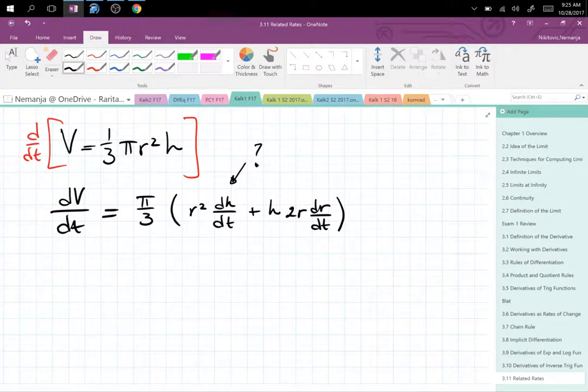Good. Now, I know what my production rate is, and that is the rate of incoming sand. I know how much sand volume is coming in on the belt. So I can say that the rate of change is whatever the rate of change of incoming sand is.